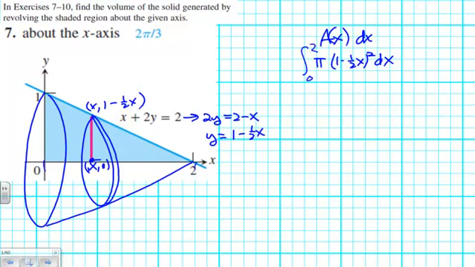Pull out the pi. Why don't I expand that while I'm at it? I get 1 minus 1x plus 1/4 x squared dx. Someone check my algebra.